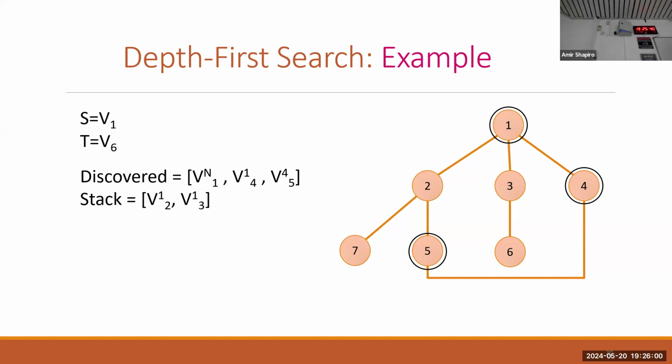Its neighbors are only 2. But 2 is already in the stack. So I don't touch it, because I already saw it. So we just add this to the discovered. We didn't discover the target yet.